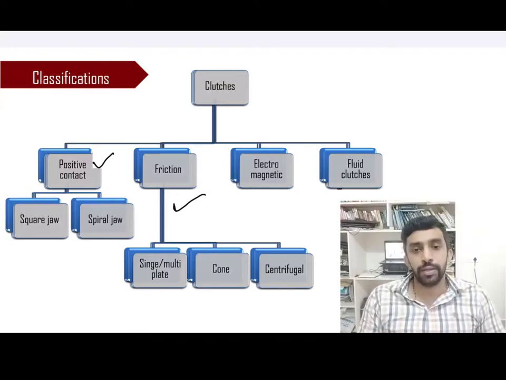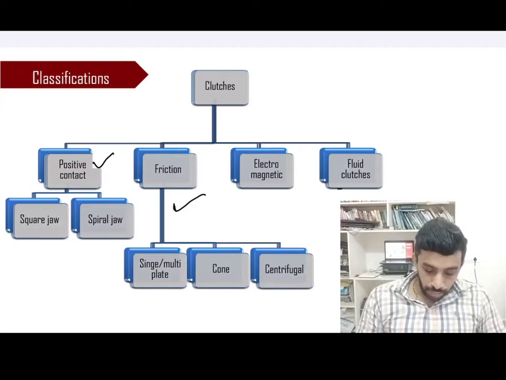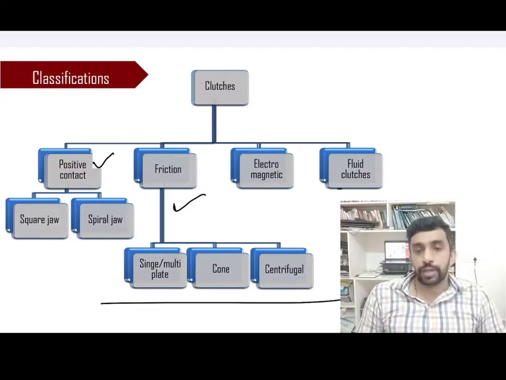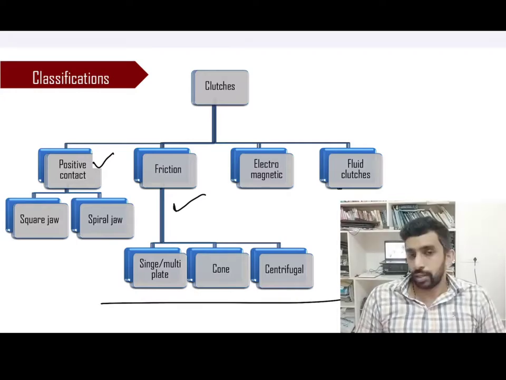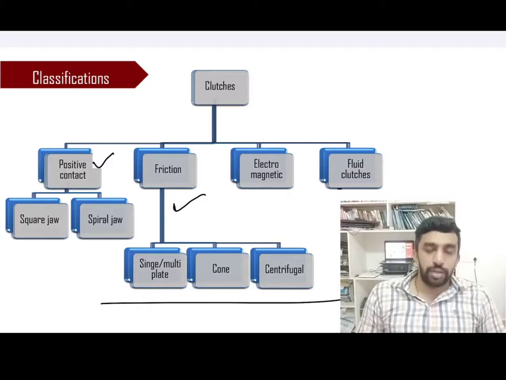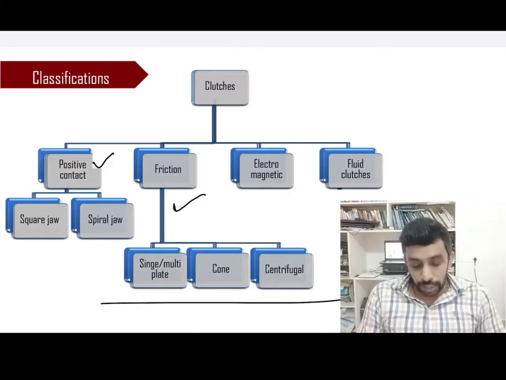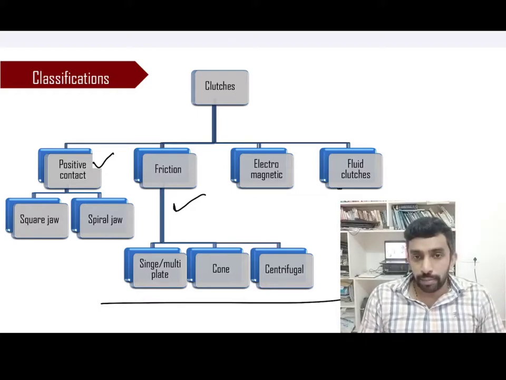I will explain all this in the coming slides. Our focus of study will be on the single plate clutch, multi plate clutch, cone clutch, and centrifugal clutch. In this series of lectures under the topic clutch, I will be explaining the design of single plate clutch, multi plate clutch, cone clutch and the centrifugal clutch.